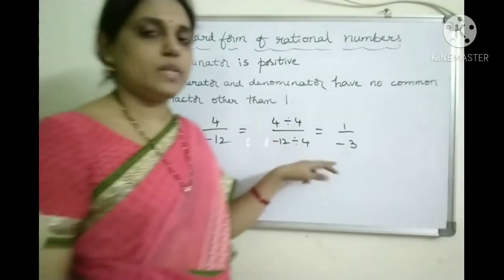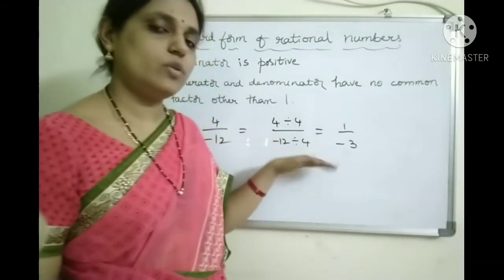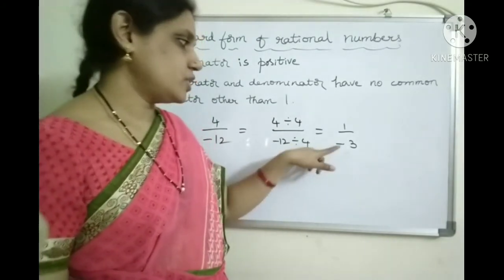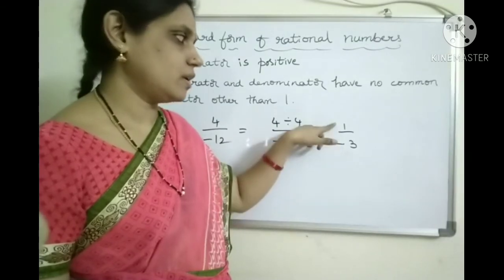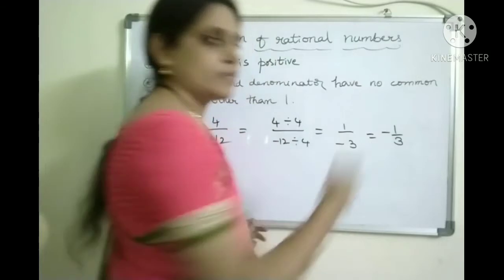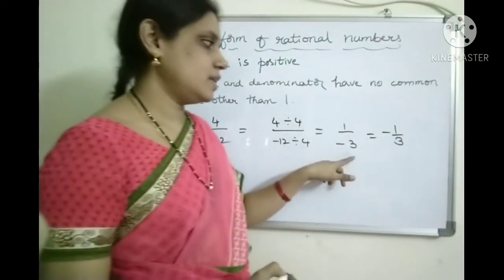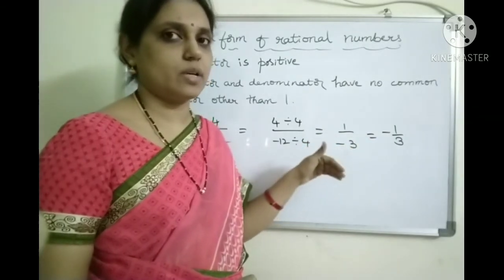But even now it is not in standard form. Why? The denominator is not positive. So how to make the denominator positive? By shifting the negative sign of the denominator to the numerator, we get minus 1 by 3. Isn't it? 1 by minus 3 is equal to minus 1 by 3 according to the equivalent rational numbers concept also.